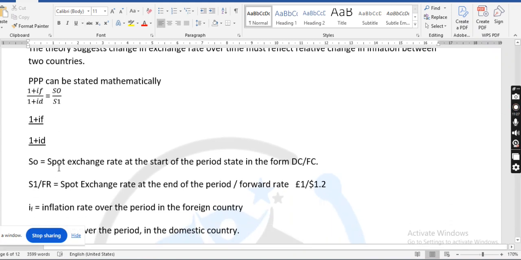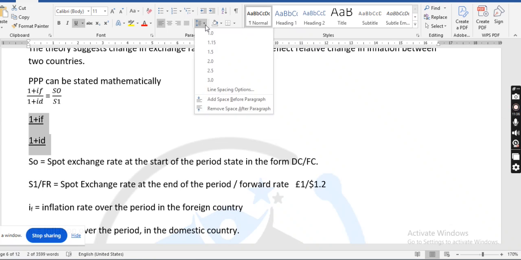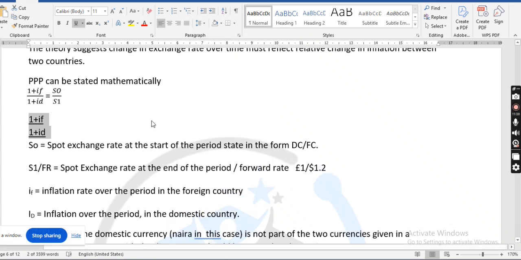IF is the inflation of a foreign currency, of a foreign country, sorry. ID is the domestic inflation, right? And for those who are confused about domestic or not domestic, this is the time for you to get it right.